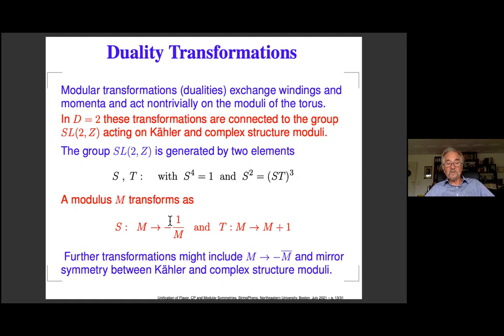The modulus goes to -1 over M, and T is a shift in the moduli. Further transformations which appear here include a symmetry which transforms M to -M bar. This will be very important and will be the natural candidate for the CP symmetry. In addition, we will have a mirror symmetry between the Kähler and the complex structure moduli.